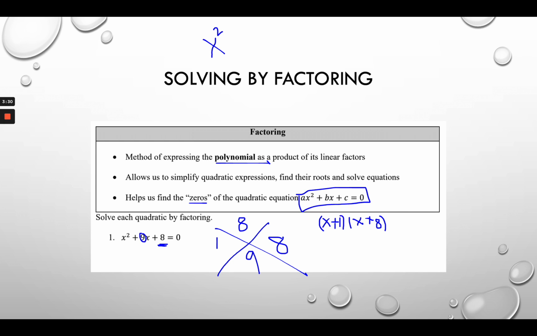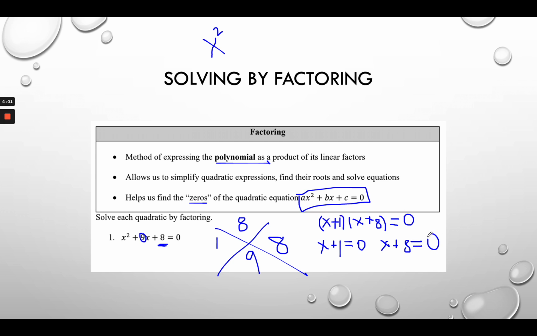Now we're going to solve it, so we set this equal to 0. Essentially you split these up: x plus 1 equals 0, and x plus 8 equals 0. Then you solve for x in both of these.